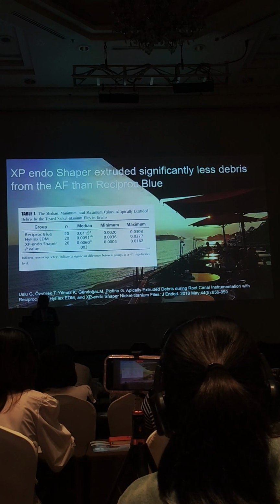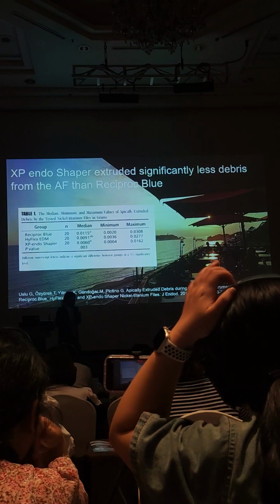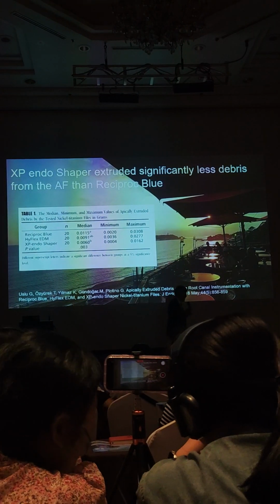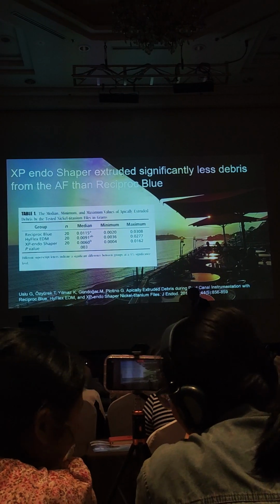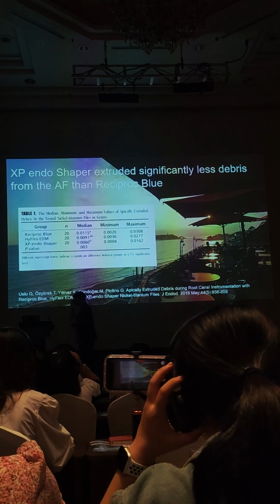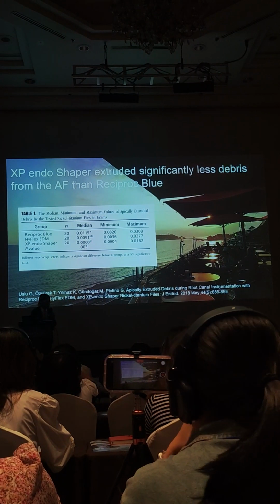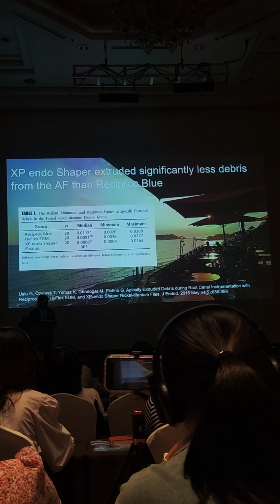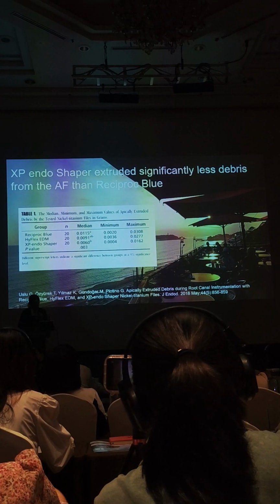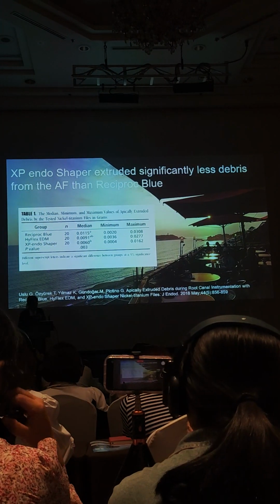Wait a minute. The bacteria carrying LPS, lipopolysaccharide, that is classified as gram-negative, sorry, I remember that. Gram-negative bacteria carry LPS. LPS is responsible for acute inflammation. So that's why it's not good to extrude debris into the periapical tissue during retreatment, during the removal of the gutta-percha fillings.